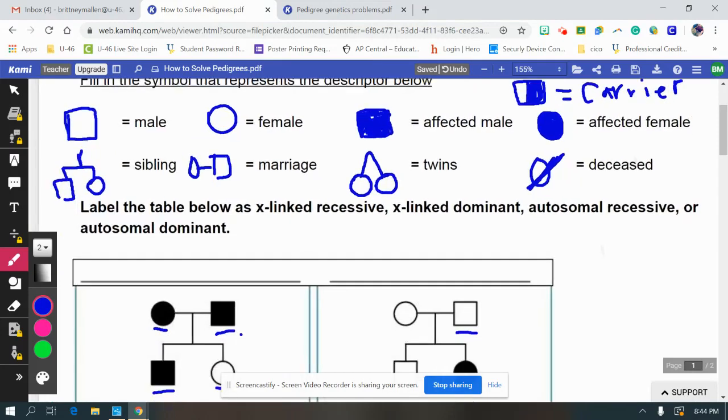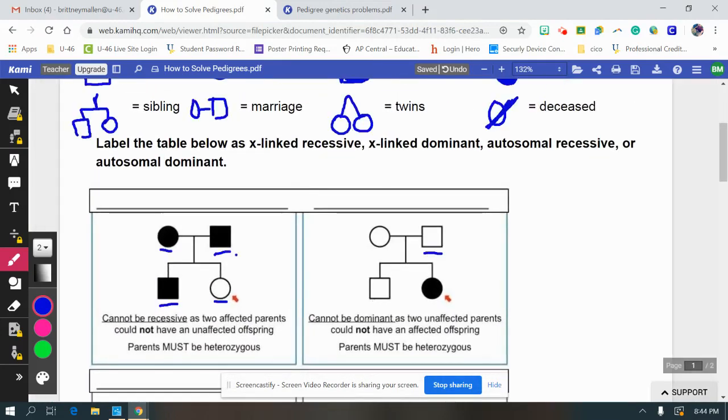And like I said, you're not always going to have that on a pedigree, but when you do, it can be really helpful. So we need to use that to figure out if something is X-linked, autosomal, and then recessive or dominant. So we have kind of these 4 different options: X-linked recessive, X-linked dominant, autosomal recessive, or autosomal dominant.